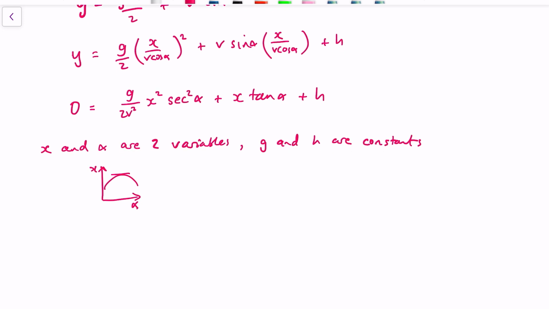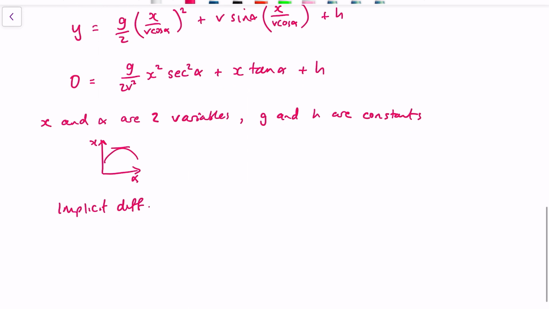But when you can't rearrange an equation, or it's really tedious to rearrange it, implicit differentiation is your friend. So I'm going to implicitly differentiate the equation that I've got there, which I'm going to call triangle. The reason I'm calling it triangle is because I'm going to come back to that equation again later. Okay, left-hand side, differentiating 0, 0.